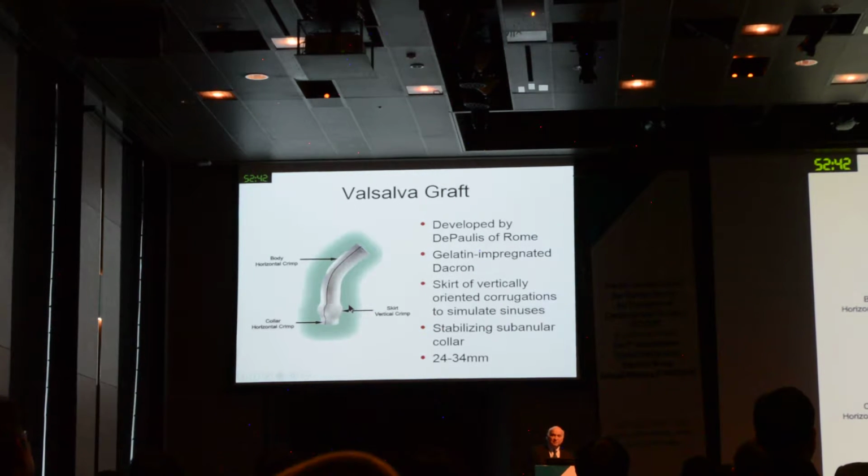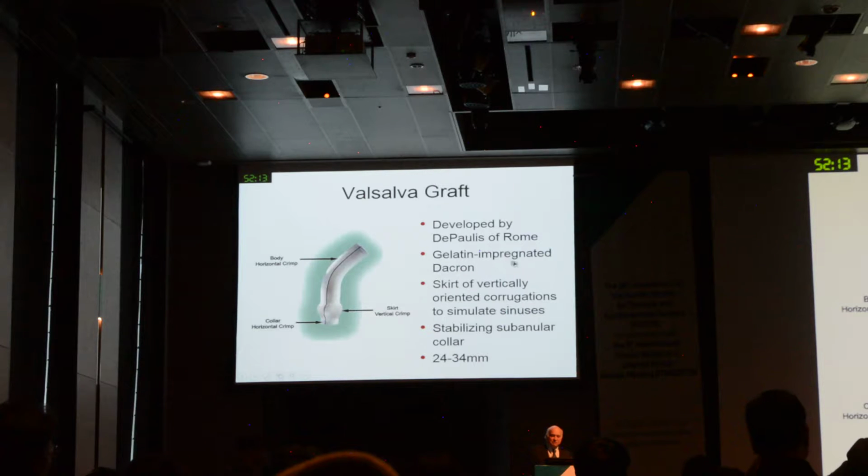His wife is a fashion designer, and as he was talking to her about how he should design the graft so that it could bulge out at the sinuses, it was his wife who said, well, this is the problem of designing a skirt, a woman's skirt, and that if you have the pleats or the corrugations running up and down, then it can balloon out. And so he used that concept to design this graft.